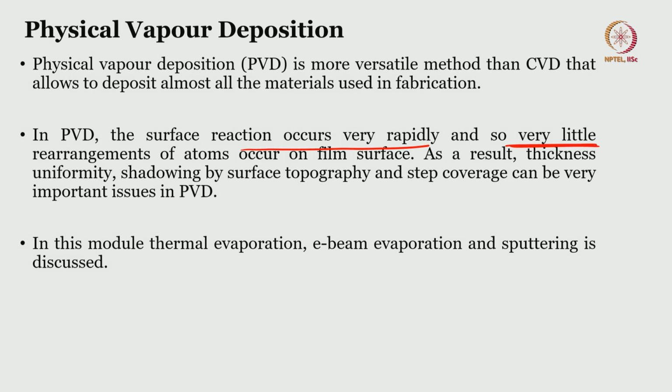As a result, thickness uniformity, shadowing by surface topography, and step coverage can be very important issues. Now let us understand three things in this module: the first is thermal evaporation, the second is e-beam evaporation, and the third is sputtering. We will start with thermal evaporation.